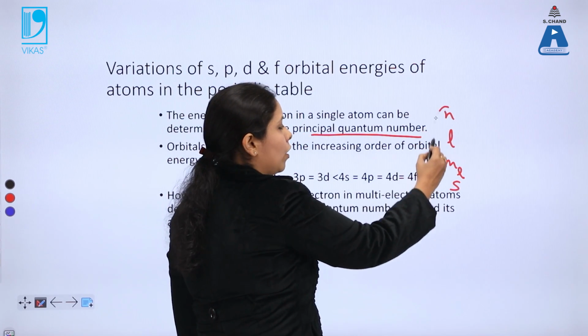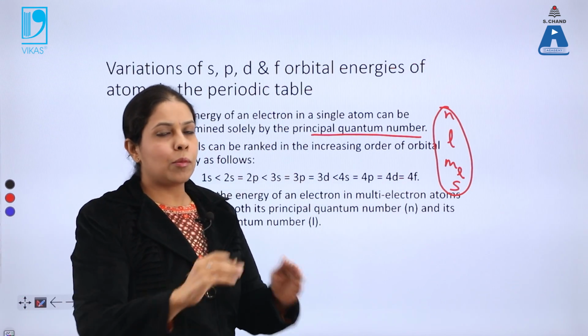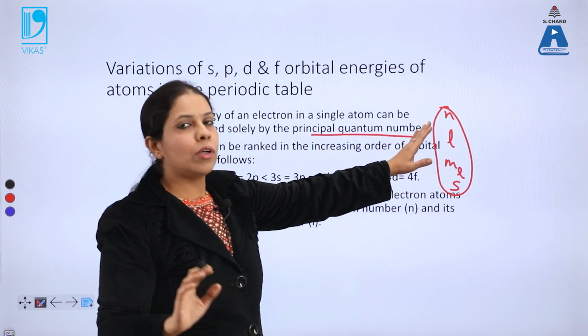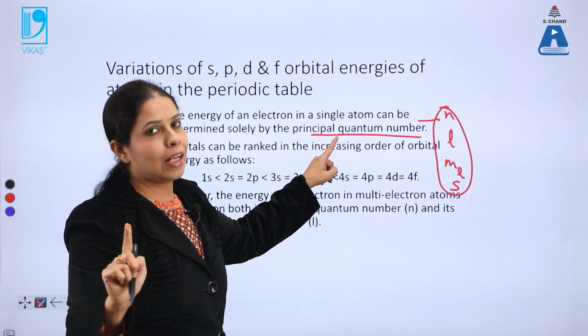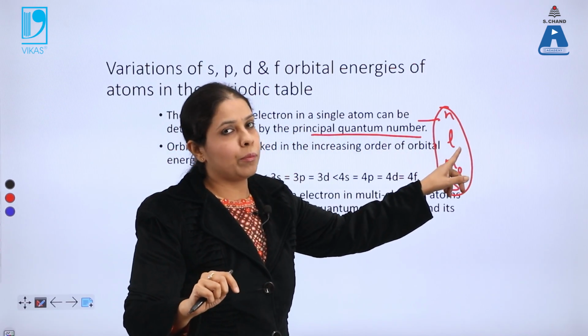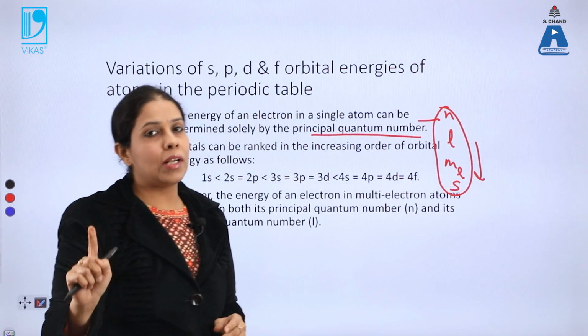All these 4 quantum numbers define the energy of any electron in the periodic table, however large the element is. But when we are considering only a single electron atom, energy can be determined only by the principal quantum number n. You don't have to go into the other quantum numbers if there is only one electron.